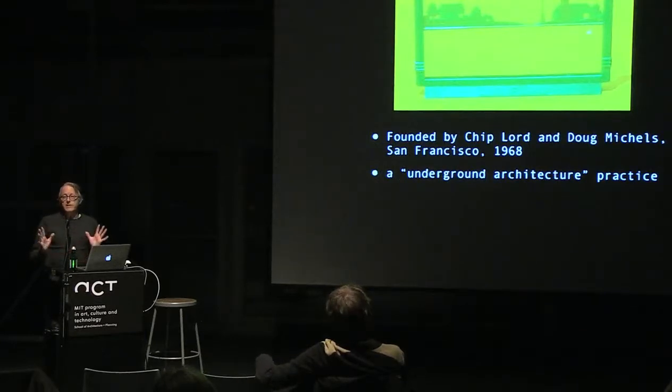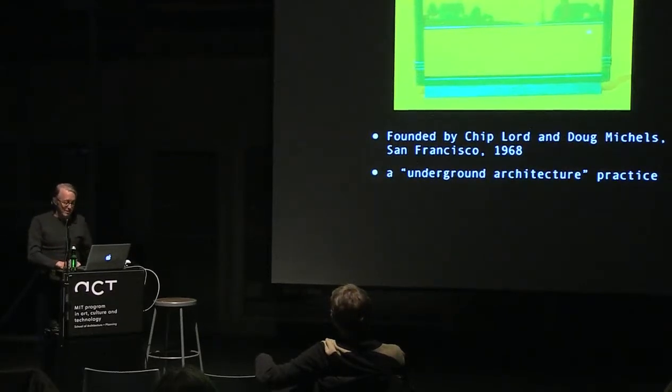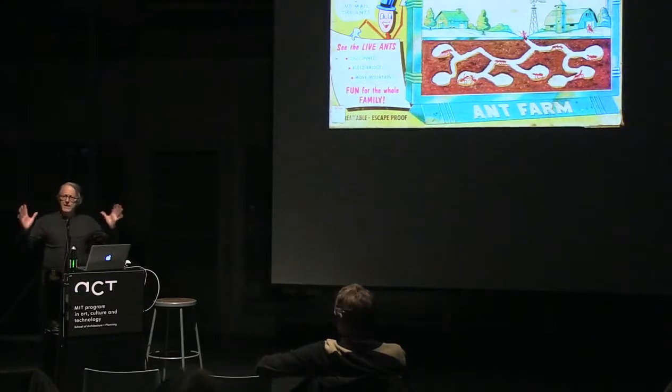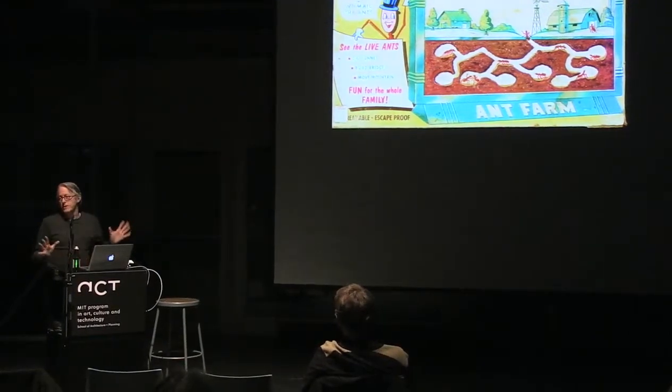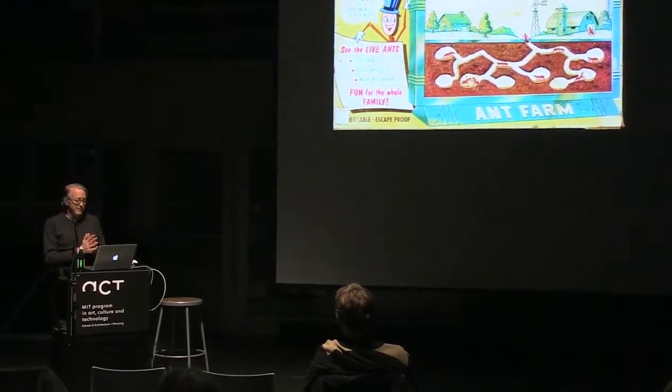And there was a sense that you had underground radio, underground newspapers, an underground culture was being created. And so we described what we were doing as underground architecture. And a friend said, "Oh, like the ant farm toy I had as a kid." And so instantly, we had not only a name, but an official color.